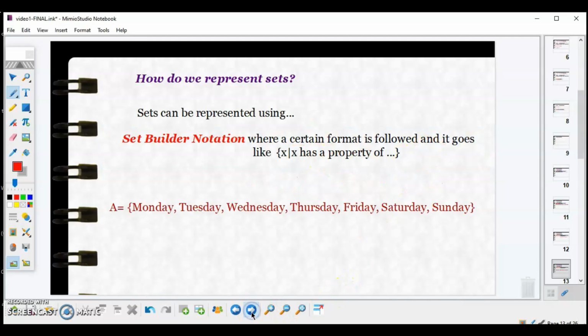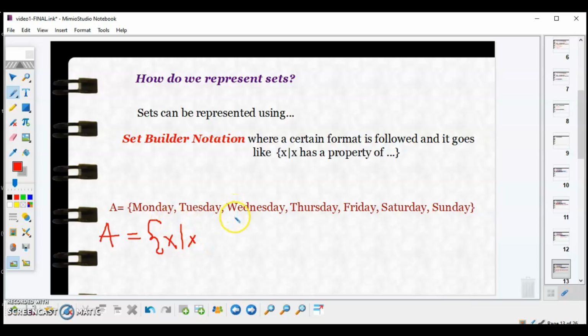Okay, so let's have an example. Suppose you're given the same set, set A. We write this in set builder notation. We have A equals the set of all x such that x, this x here refers to the element, every element of the set.